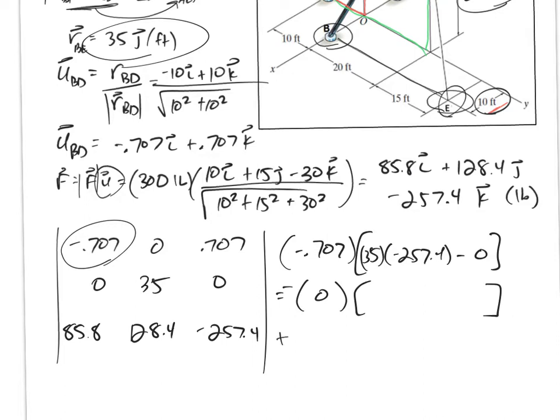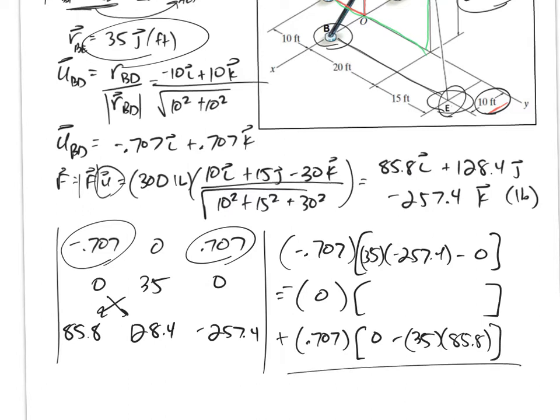And then plus 0.707 times 0 minus 35 times 85.8.